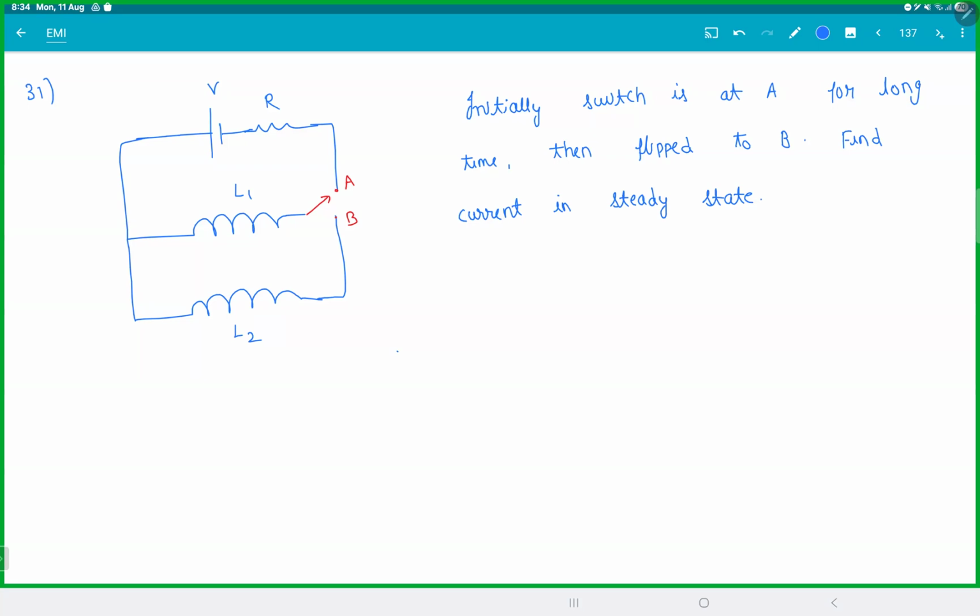Remember last time we discussed what an inductor tries to do? Inductors try to oppose the change in current.